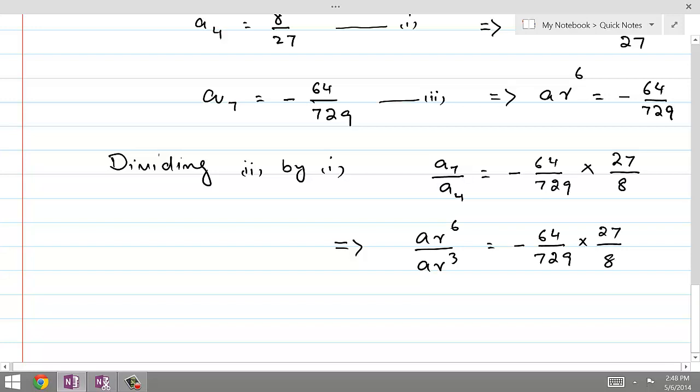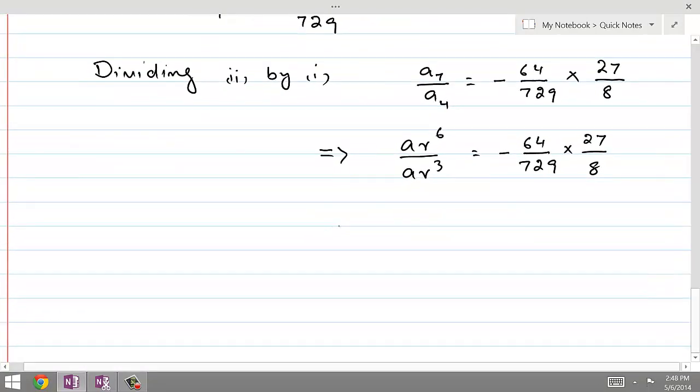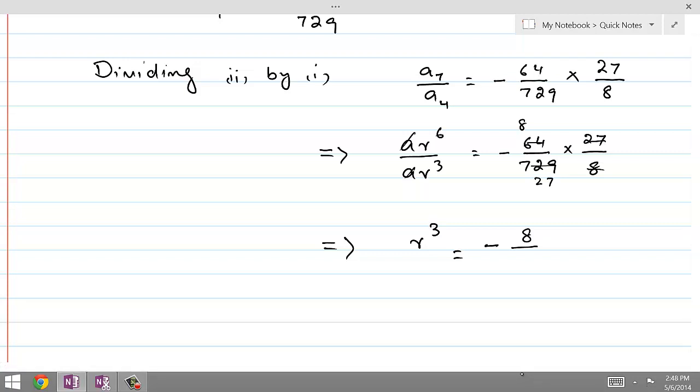And now if we perform this division, a will cancel with a, and this will give us r power 3 is equal to minus 8. 8 times 8 is 64, so this would be minus 8 divided by, and 27 times 27 is 729, so this will be minus 8 over 27.